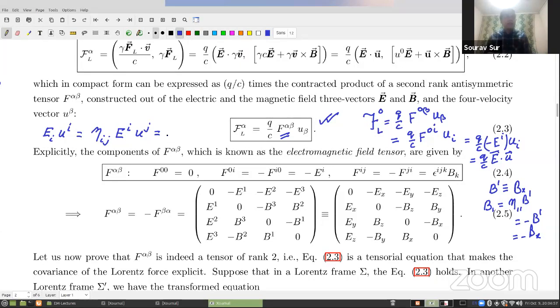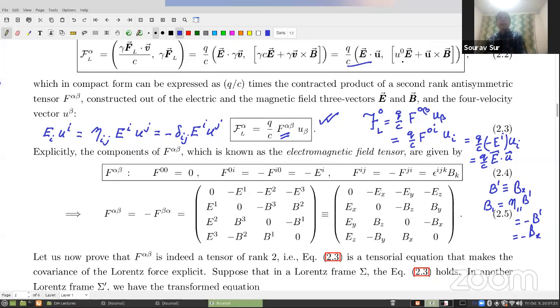And eta ij is minus delta ij. This means that EiUi is minus E dot U. So from there, this minus sign is taken care of, and it comes out as E dot U. So the first component is E dot U.